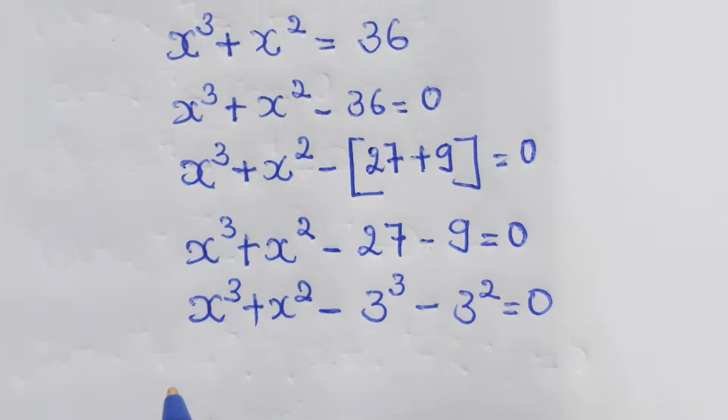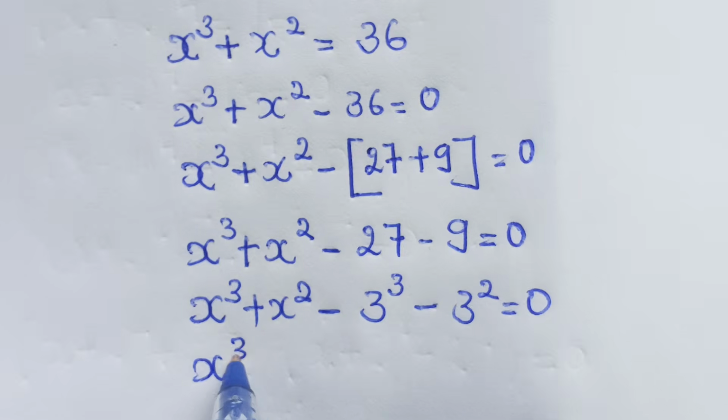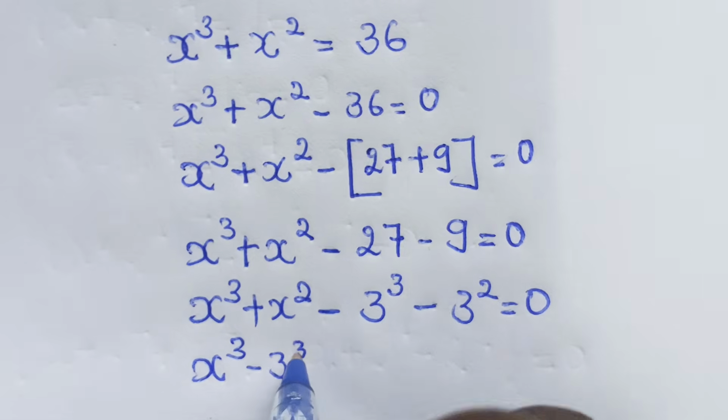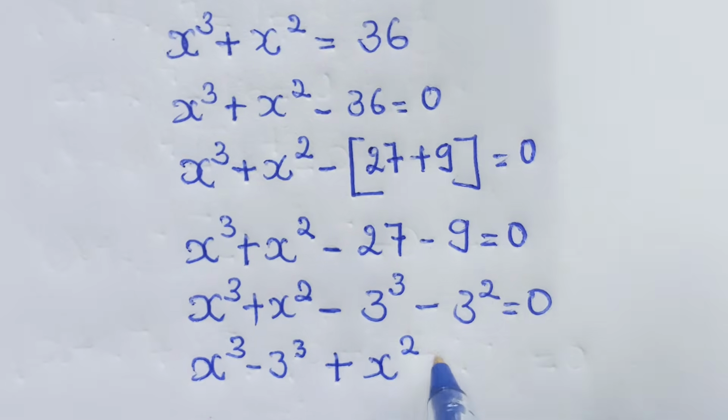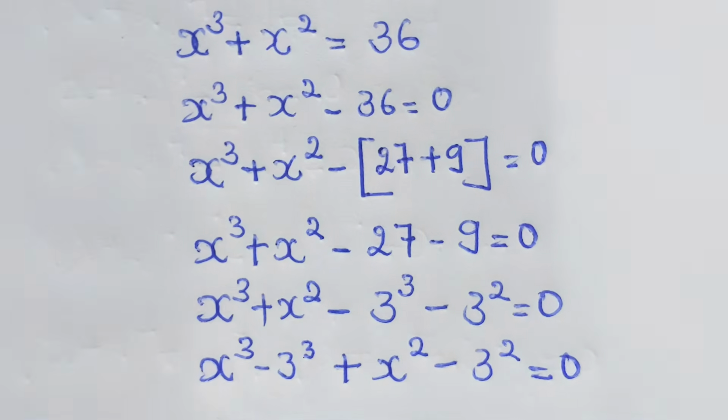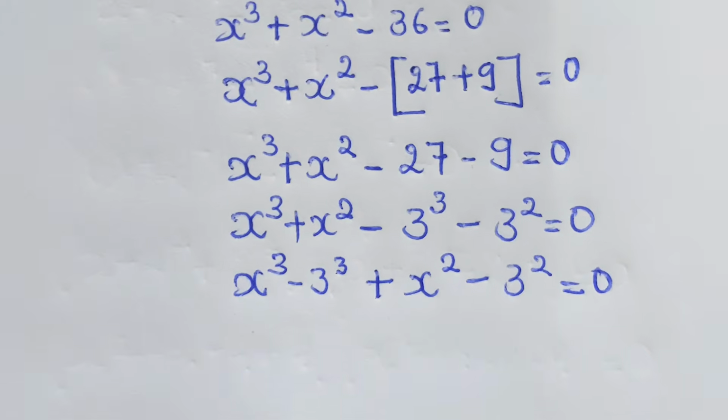Of course, what I'm going to do next is to group like terms: x^3 - 3^3 + x^2 - 3^2 = 0.